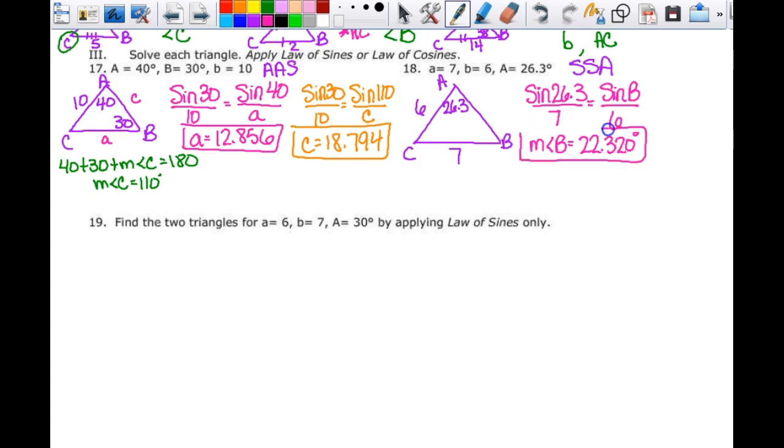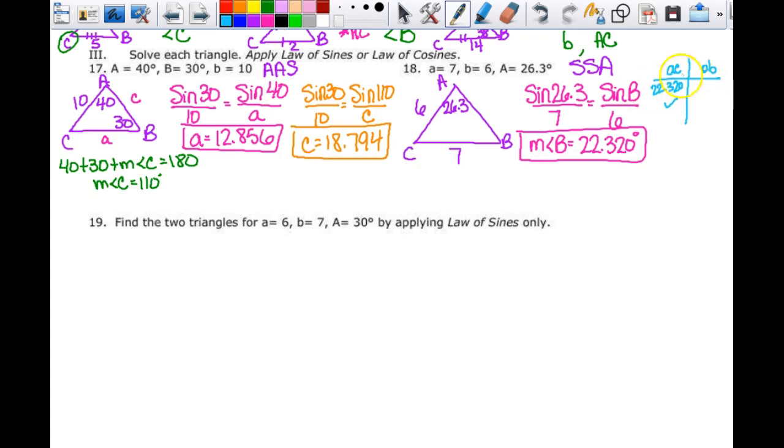All right, so because this is the ambiguous case, I could possibly have two different sets of answers. So angle B represents the acute angle, and I got to see what the obtuse angle will be. So remember, this is how you check. I've got that 22.320, and I know that that's one of my angles.